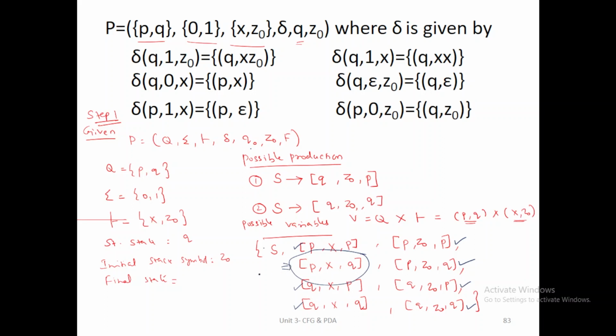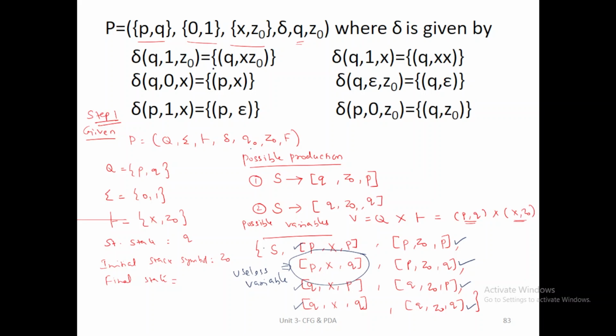So this will be marked as a useless variable, because it does not have a production in it. So wherever PXQ is available, you just put a wrong mark for those productions.